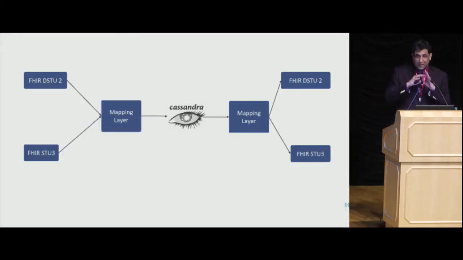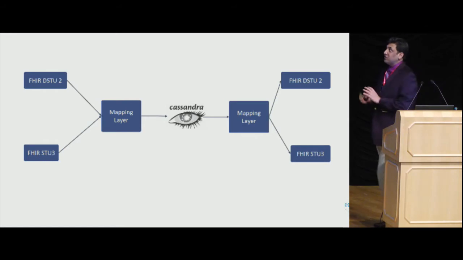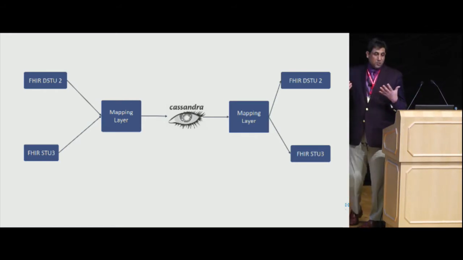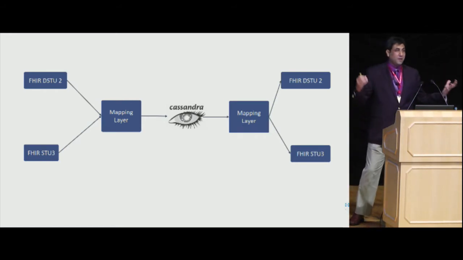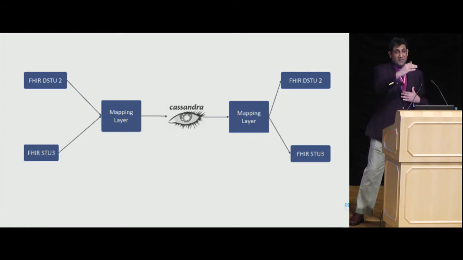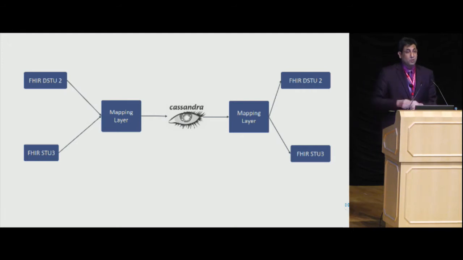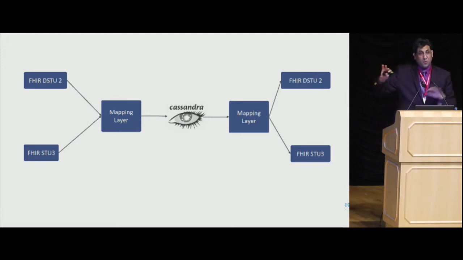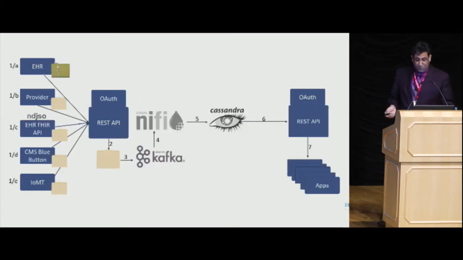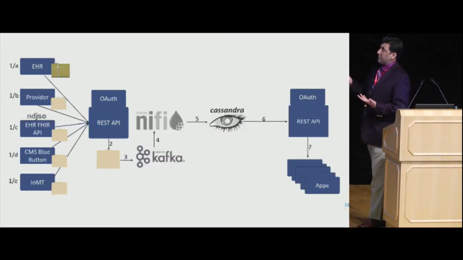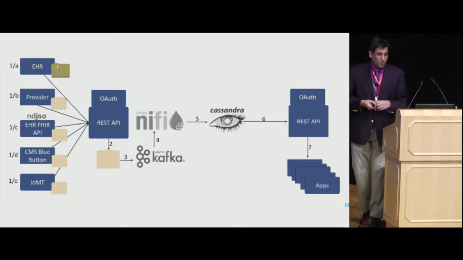What that gives us right out of the box, without doing many changes, is a model where we are working with multiple vendors or products supporting different versions, bringing them to a central spot and being able to support both our apps and other apps from both sides.